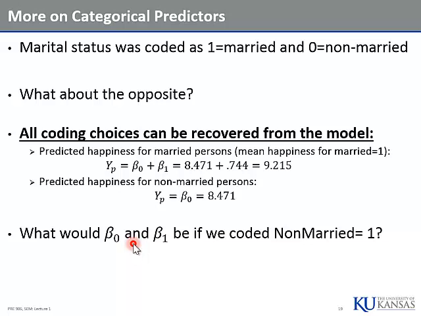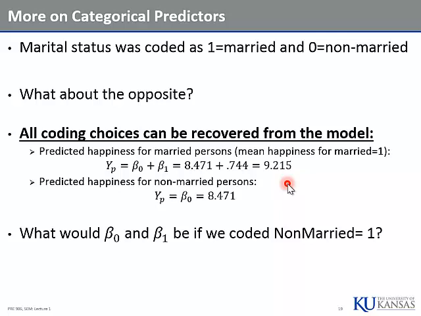So here, we can also get all means back. If we look here, what is the mean happiness for somebody who is married? It's the intercept plus the slope. It's the predicted value. That's 9.215, and the predicted happiness for non-married people is 8.471. So we can get both of those means back.